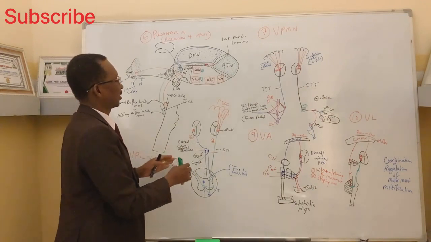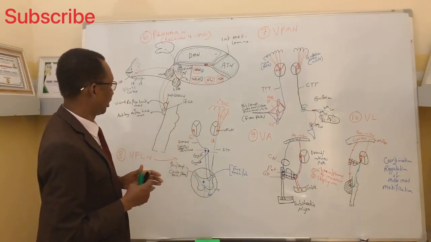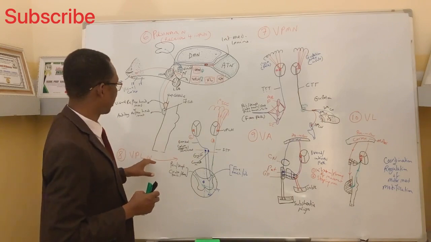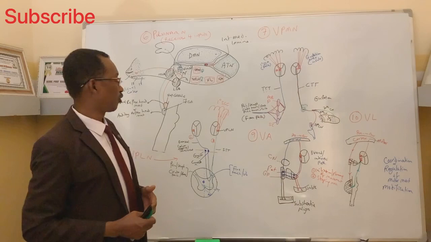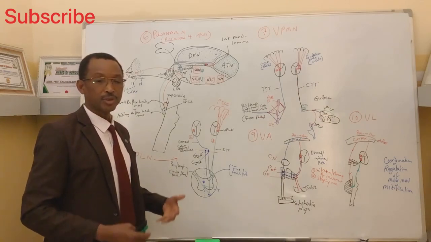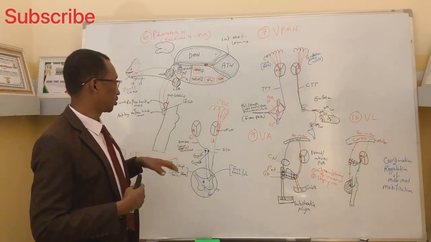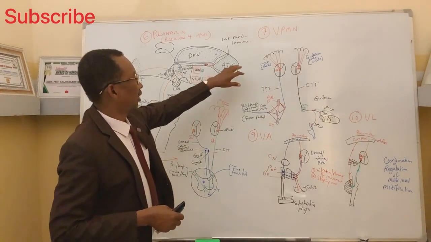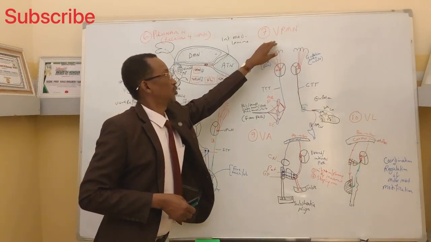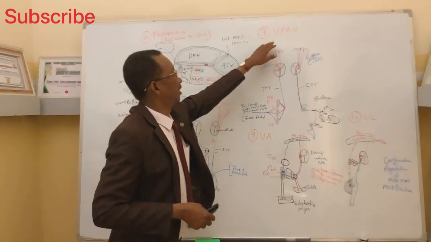And so that is the function of the ventral posterolateral nucleus, carrying sensory information for the lower limbs, upper limb, and trunk with regard to this type of sensation. The next nucleus is the ventral posteromedial nucleus.